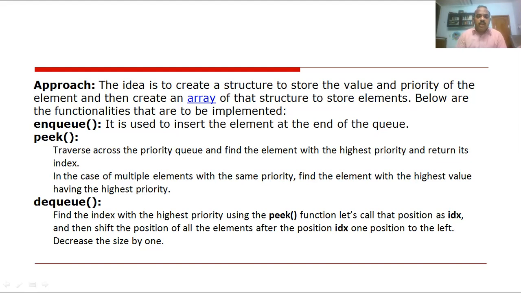In the case of multiple elements with the same priority, find the element with the highest value having the highest priority. Next one is DQ. Find the index with the highest priority using the peek function. Let's call the position idx, and then shift all the elements after the position idx one position to the left and decrease the size by 1.